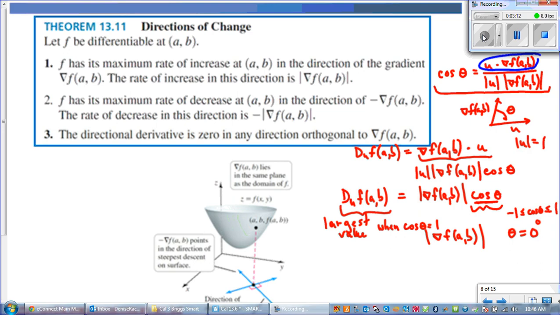Okay, so u is the direction we want to move. If the angle between u and the gradient is 0, then that means that we have the greatest possible directional derivative. Okay, remember theta is the angle between u and the gradient. So u is the direction of the gradient.